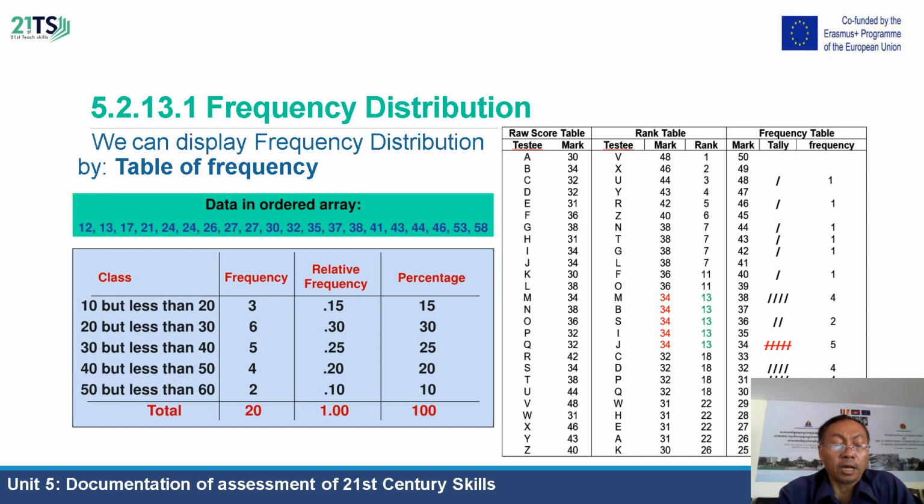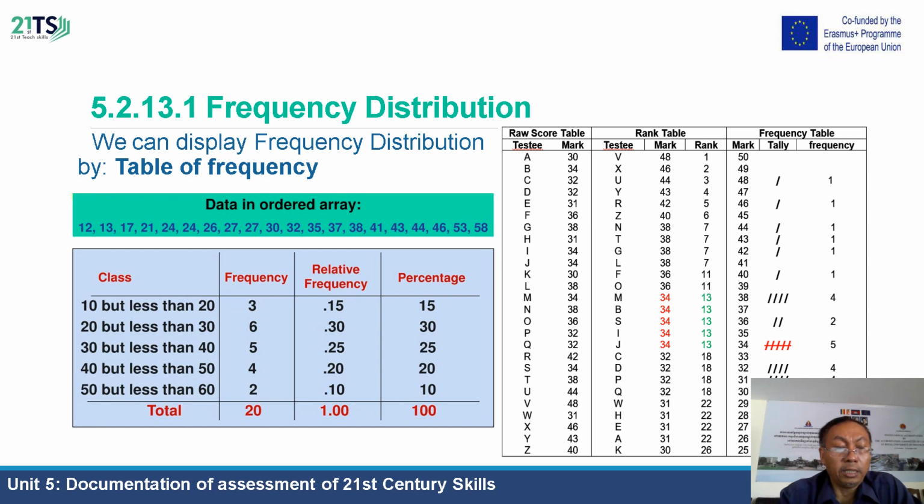The data in class can start from tens, but less than 20s. We can start from 20s, but less than 30s, and start from 30, but less than 40s, and so on. Then we can look at the data in ordered arrays.